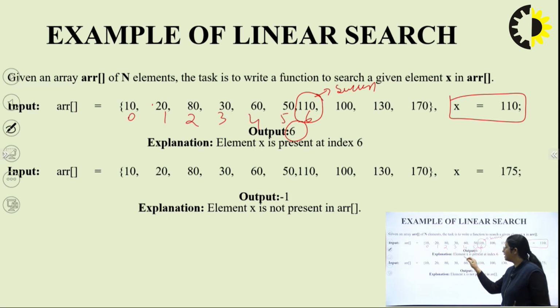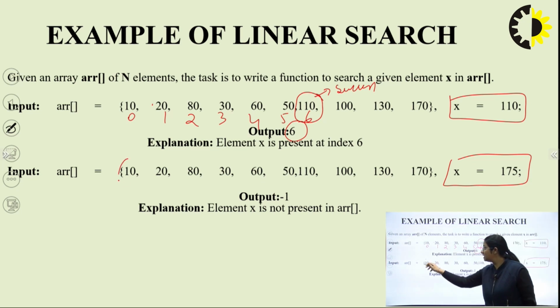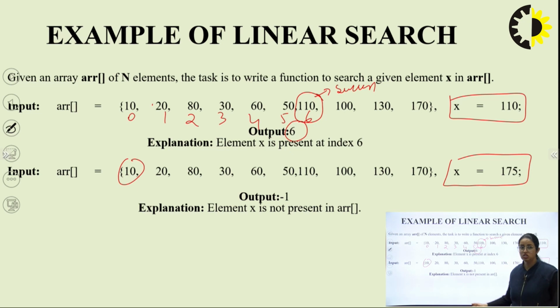So you can say element x is present at the index 6. Similarly, we have these elements in an array, and we want to find x, 175. Again, we just compare each element with the element that we want to find.